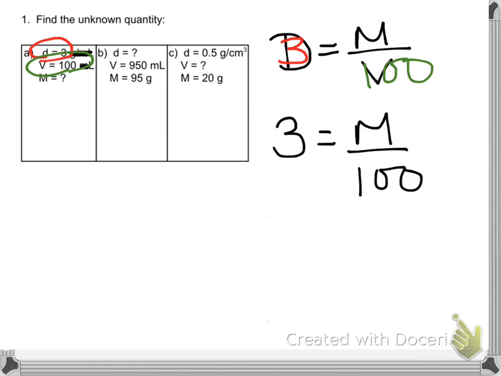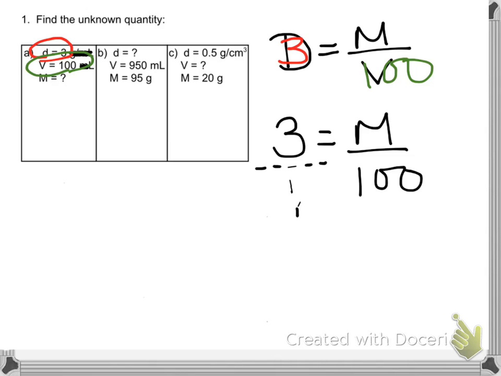Now I want to point out, everybody that's been working so diligently on proportions, this is just a proportion. It's really 3 over 1 equal to m over 100, and you can just use cross products to solve that. However, maybe not the way you're seeing it in science class.